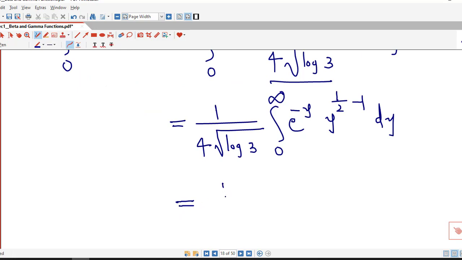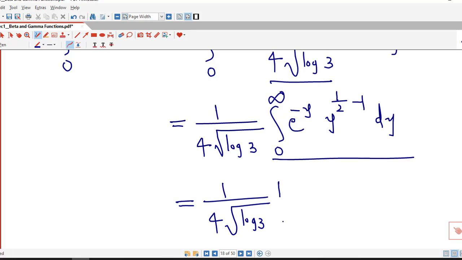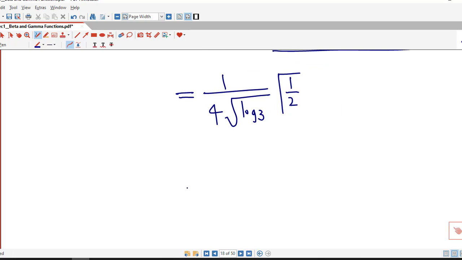So by the definition of gamma function, this is nothing but value of gamma function at 1 by 2, and as we know gamma 1 by 2 is square root of pi.